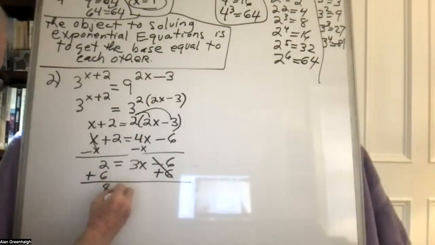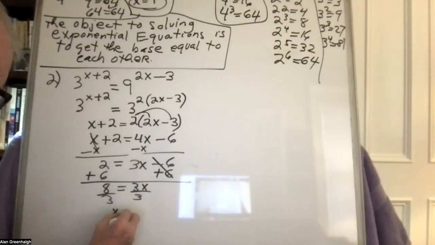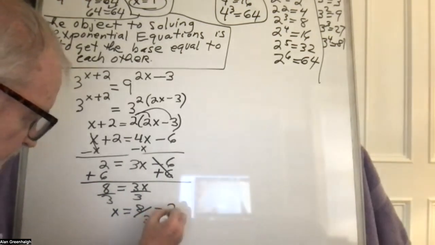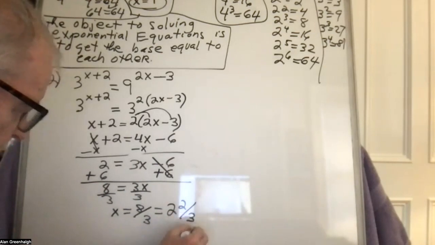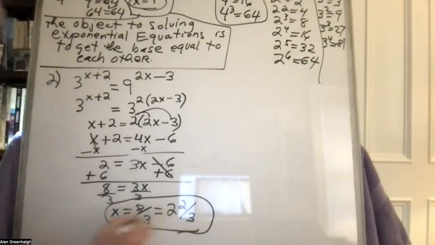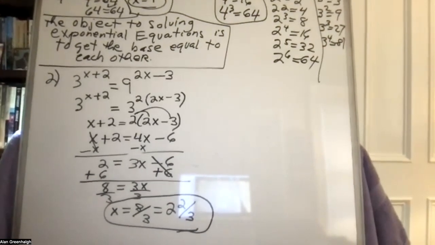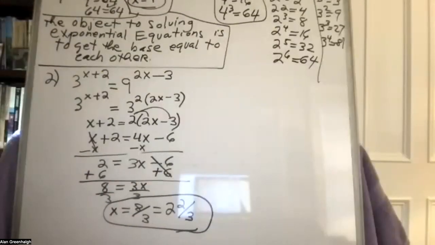And 8 is equal to 3x, divide by 3. Now you can switch it around, and you get x is equal to 8 over 3, which is equal to, I guess, 2 2/3. And that's good enough. We don't have to create a perfect decimal. This is good enough for this type of problem.